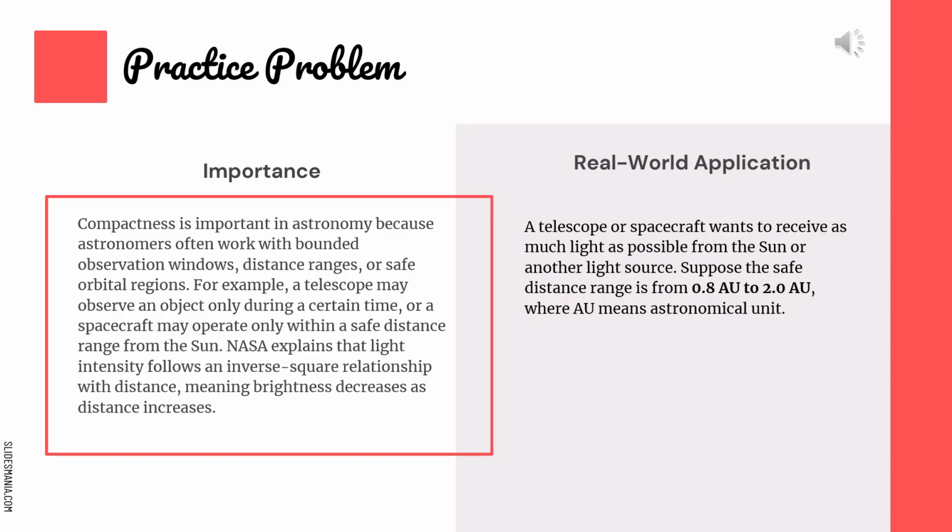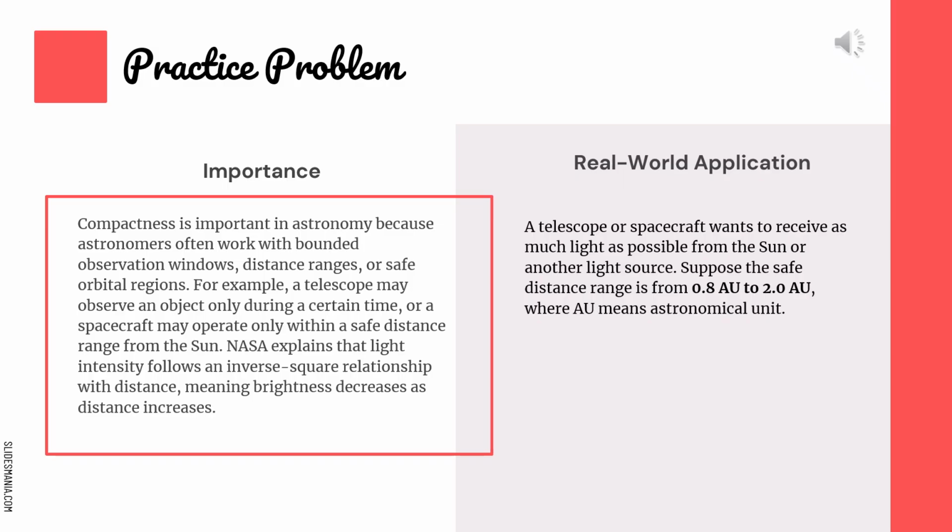The radiation from the sun can also burn the chips inside the telescope, so NASA keeps a safe distance from the sun.